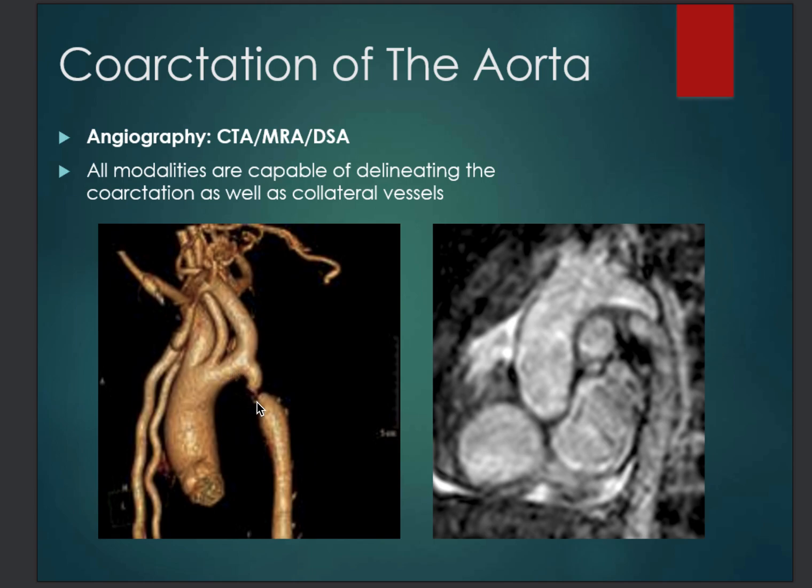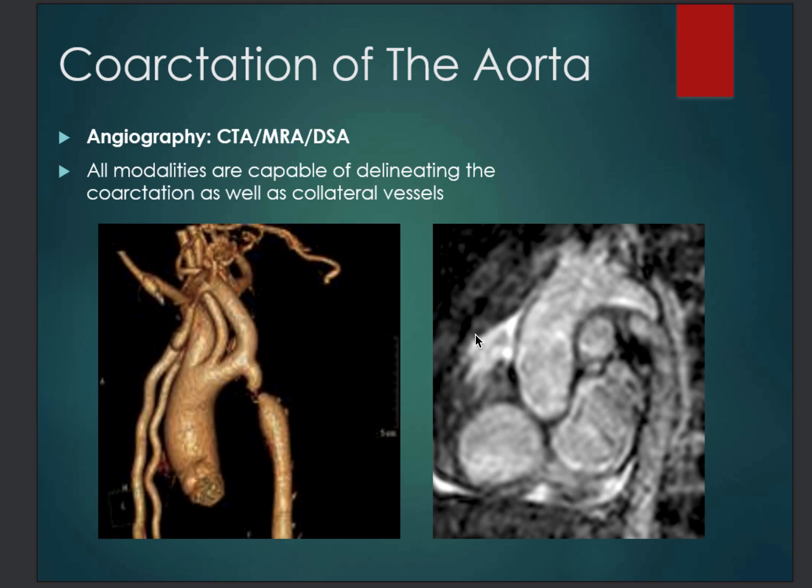Another important point is to mention whether there are multiple collaterals or not, so that during the follow-up we would comment on the size of the internal mammary arteries and collaterals, so that if the patient will undergo a surgery, we need to tell whether there are multiple collaterals or hypertrophied collaterals.